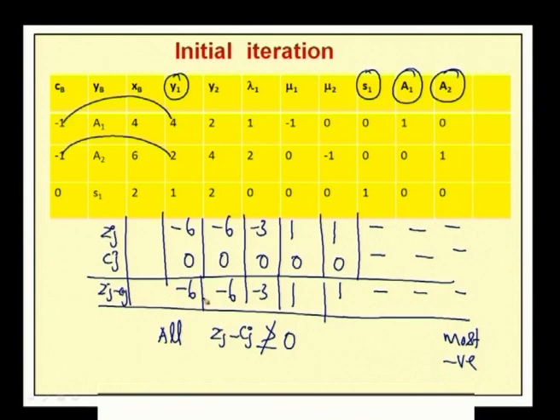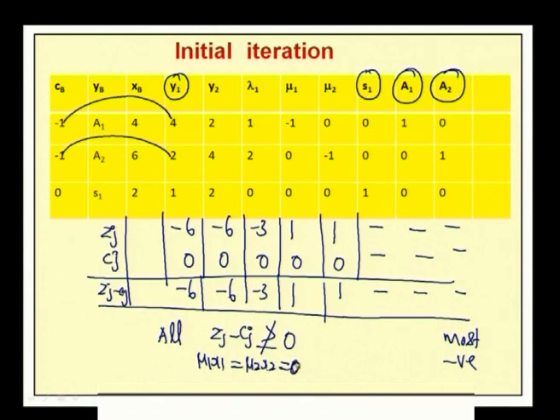Among all the Zj minus Cj values, the most negative value corresponds to y1, which is minus 6, and y2, minus 6. Among these two, we can choose any one. Here for this problem, the complementary slackness condition is mu 1 x1 equal to mu 2 x2 equal to 0.